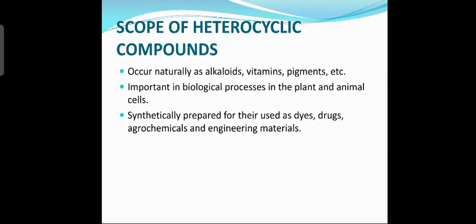Then they are important in biological processes in plant and animal cells. They are also synthetically prepared. In what compounds are they present? Dyes, drugs, agrochemicals, and engineering materials. All these compounds contain heterocyclic compounds in major proportion.